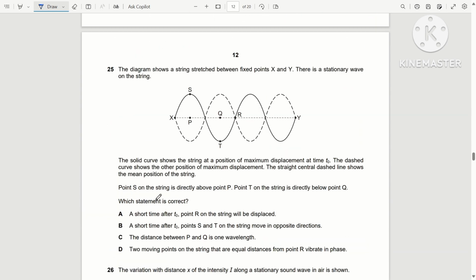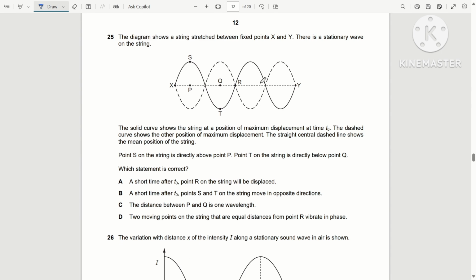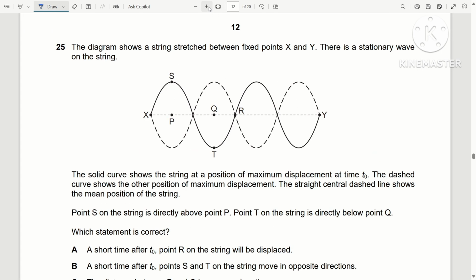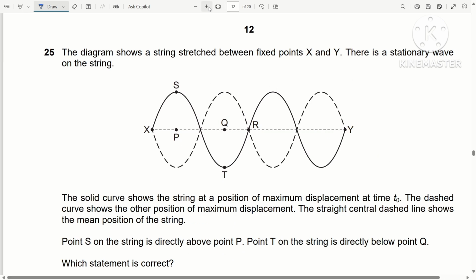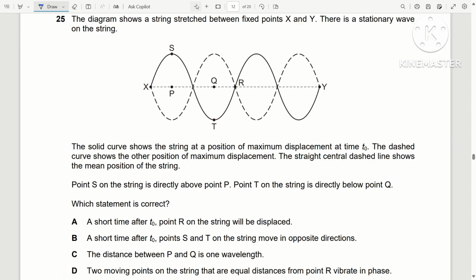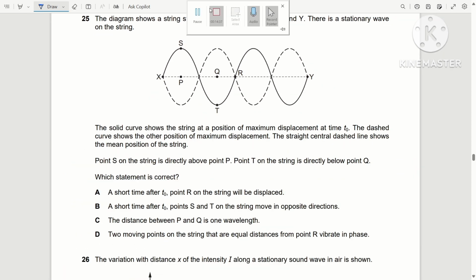Question 25. The diagram shows a string fixed between 2 points x and y. There is a stationary wave on the string. The solid curve shows the string at a position of maximum displacement at time t naught. The dashed curve shows other position of maximum displacement.